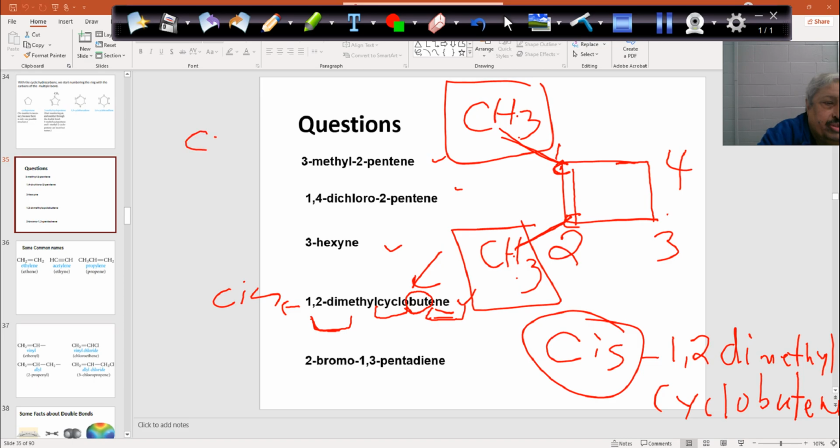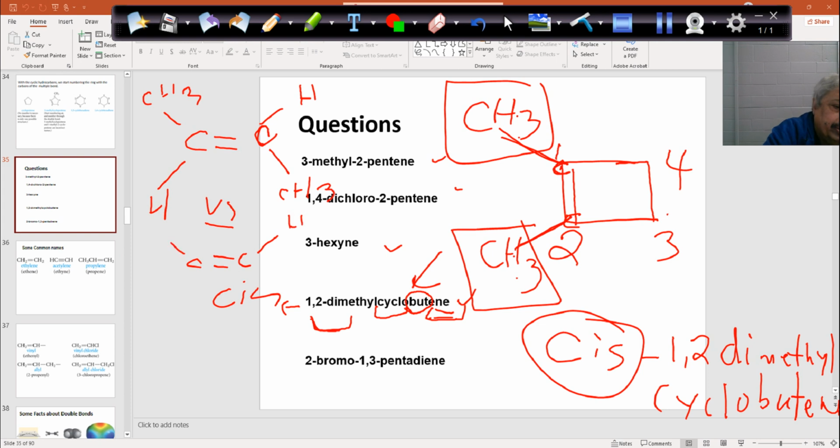So let's look at this. Here you can see them. So here it is, versus C double bond H, CH3, CH3.